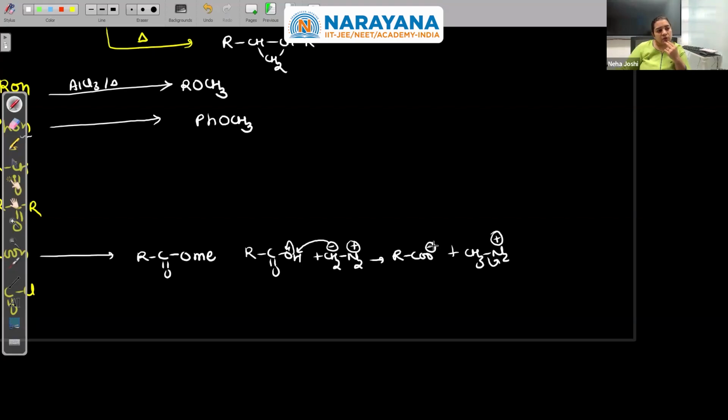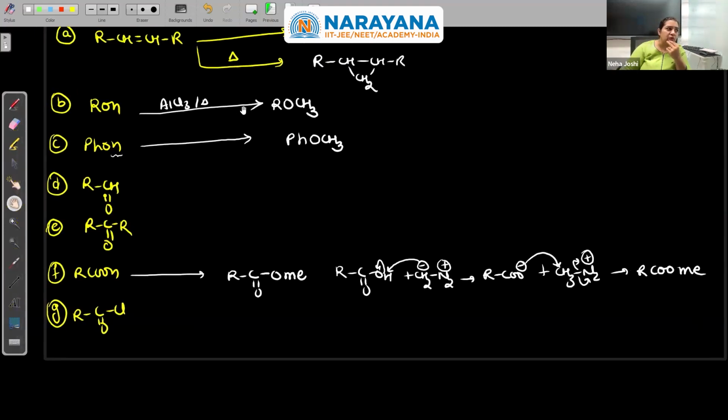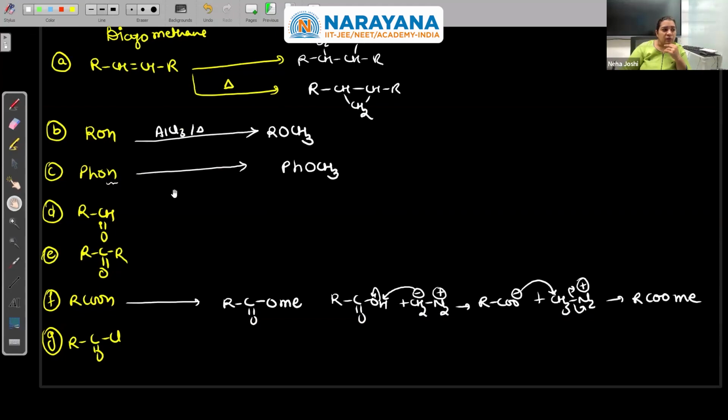Now N2 is a very good leaving group, so it takes substitution, and you have RCOOMe formed. Ester formation, ether formation, these three reactions are like this. So it can act both as a base and a nucleophile. All behaviors you will observe.